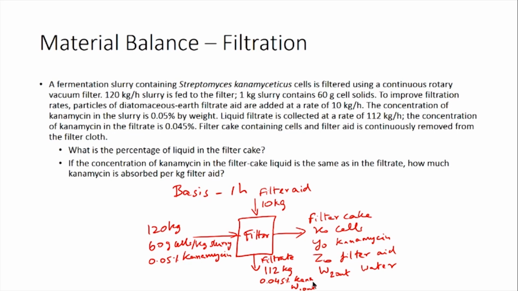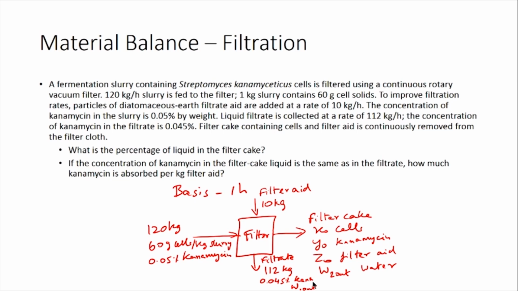Now, if you look at the concentration of kanamycin, the dissolved component, in the filter feed and the filtrate, you would see that there is a decrease, which indicates that some of the kanamycin which has been fed to the system has been absorbed by either the diatomaceous earth filter aid or the cell solids itself.